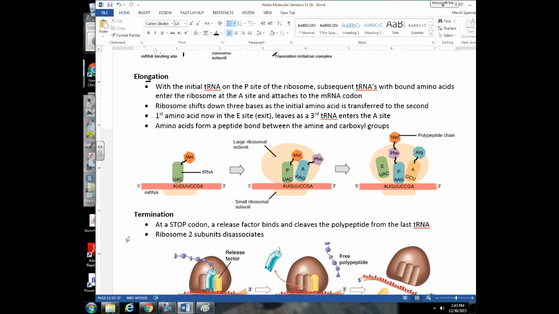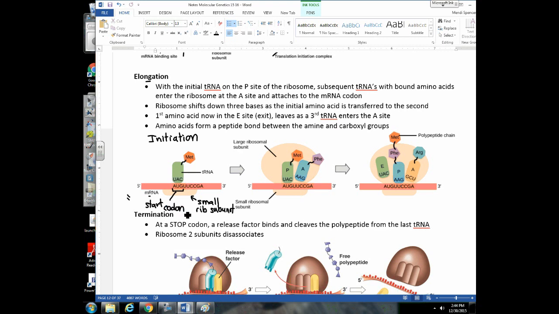So let's review what we just talked about with initiation in this part of the diagram, because this part is showing you initiation. So here is our small subunit. Let's label that. This is the small ribosome subunit. We have an mRNA molecule, and this would be the start codon. Let's indicate start codon, AUG.